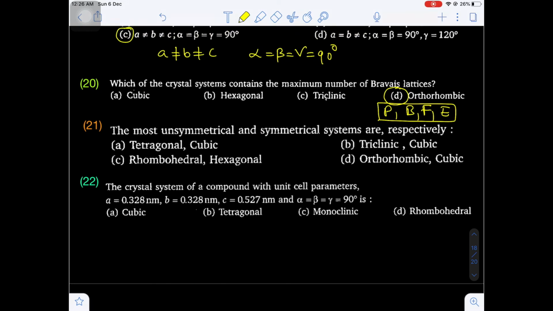Now come to question number 21. The most unsymmetrical and symmetrical: unsymmetrical triclinic and symmetrical cubic. So that will be option B. And one last question. The crystal system of a compound with unit cell parameters a value 0.328 nanometers and b value 0.328 nanometers, but the c value 0.527 nanometers.